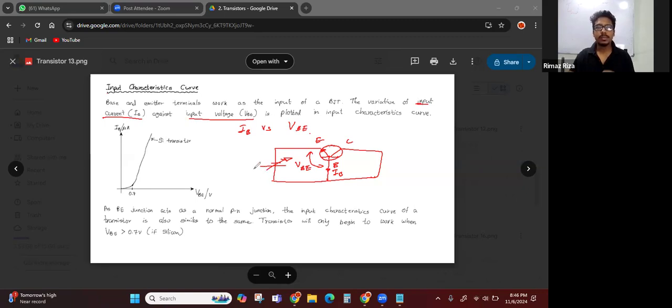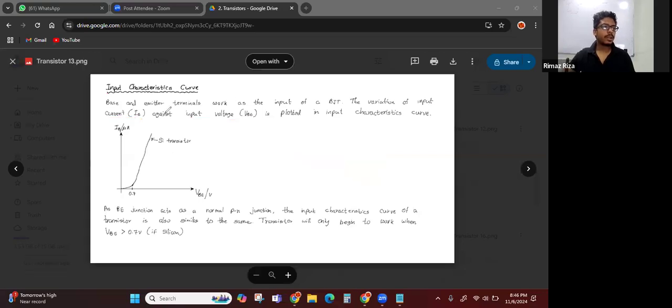So input characteristic curve of a diode, right? Okay, so you can write this. The variation of input current IB against input voltage VBE is plotted in input characteristic curve.